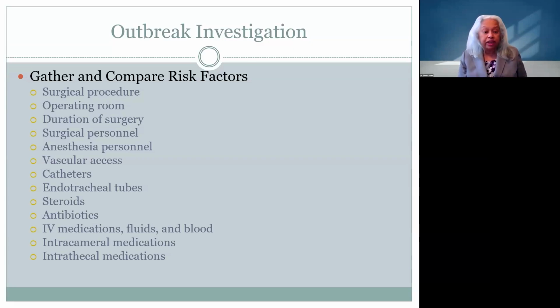Steroids, I remember that the steroids might make that happy place for bugs to grow, right? And maybe antibiotics: have they been on antibiotics before? Were they prescribed antibiotics and didn't take the antibiotics prophylactically? IV medications, fluids, were they given blood?